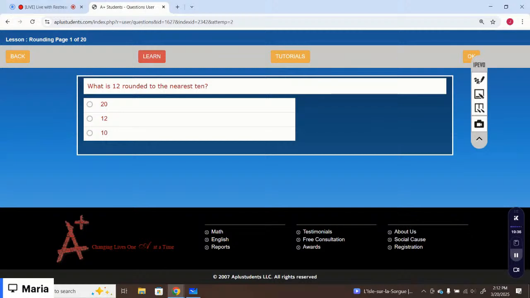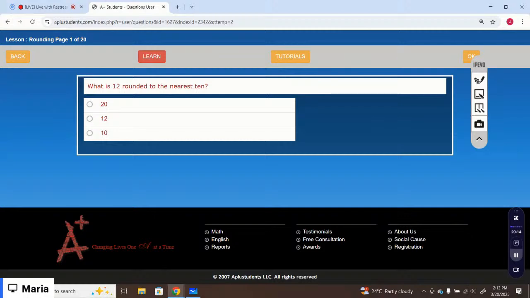What is 12 rounded to the nearest 10? 12 is rounded to.